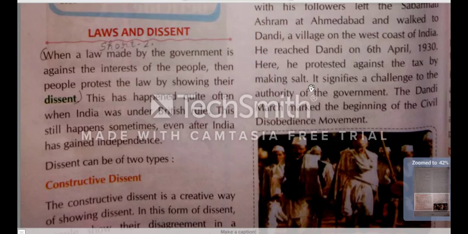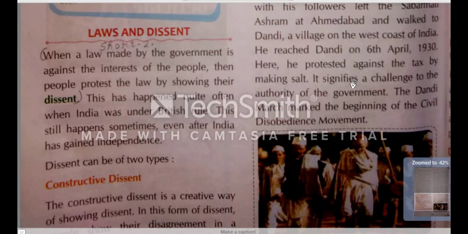Protested means विरोध करना, objection करना. Here they objected, they protested against the tax, which tax, salt tax, by making salt.